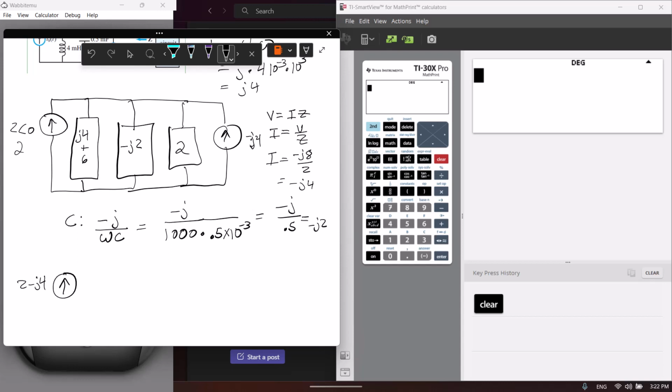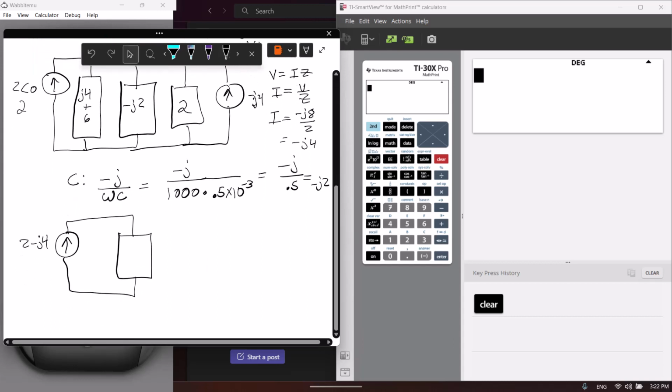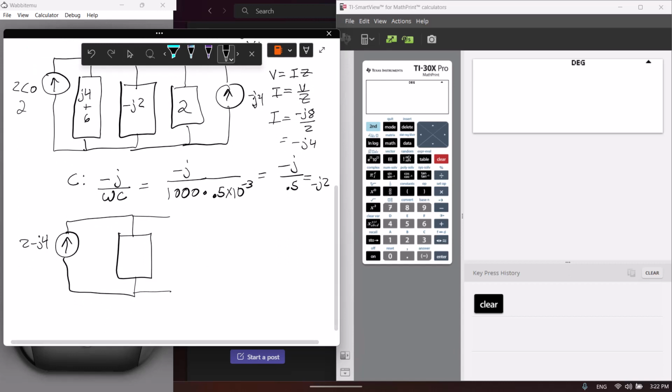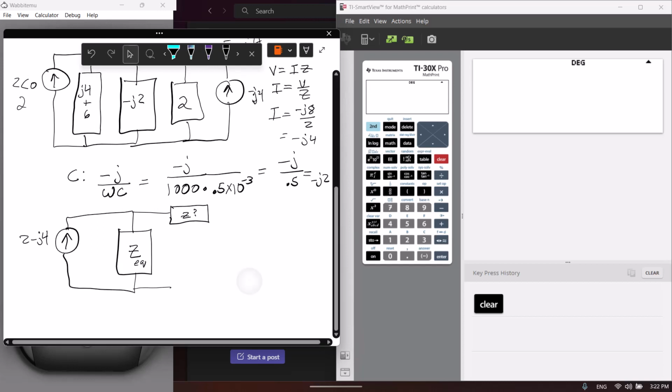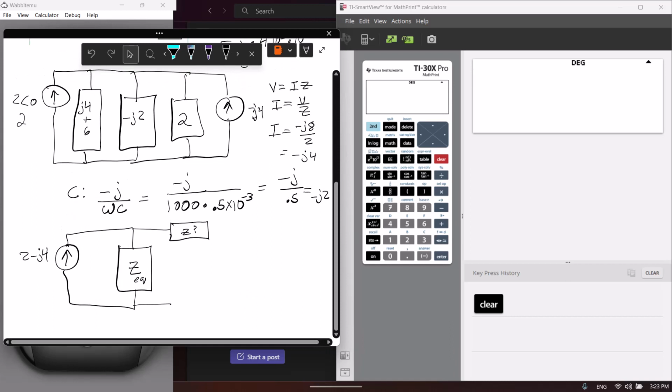And then I have all of these impedances that I can combine because they're in parallel. But I've got 3 of them, so I can't do product over sum with 3 of them. Right now I'll just call that Z equivalent. And I'm still going to add some Z in here to answer the question. That's my unknown.